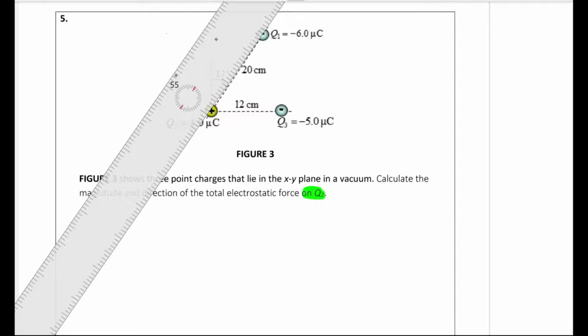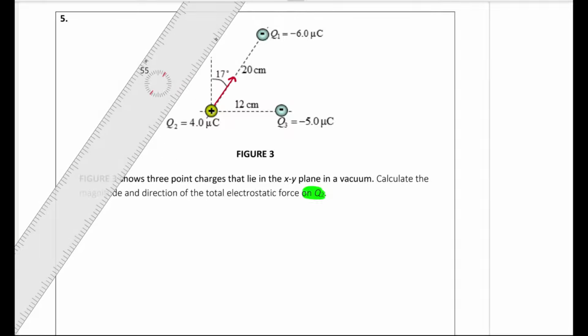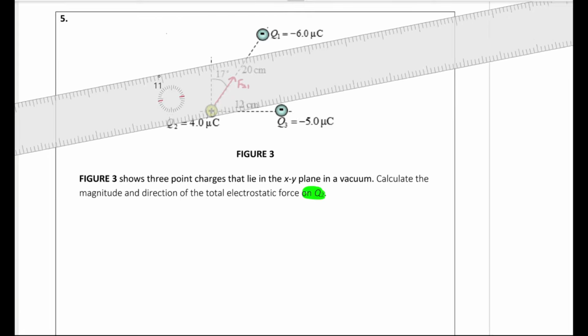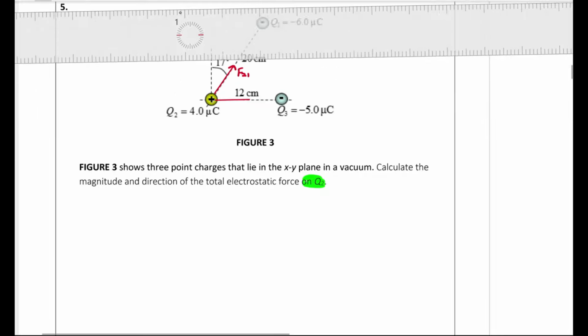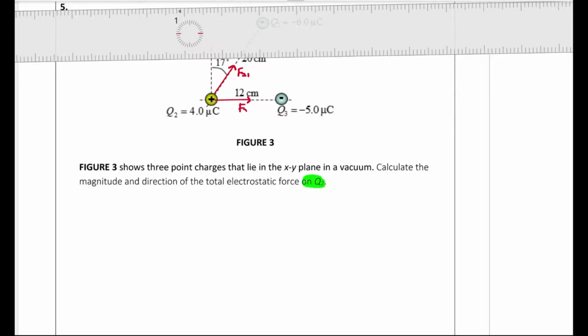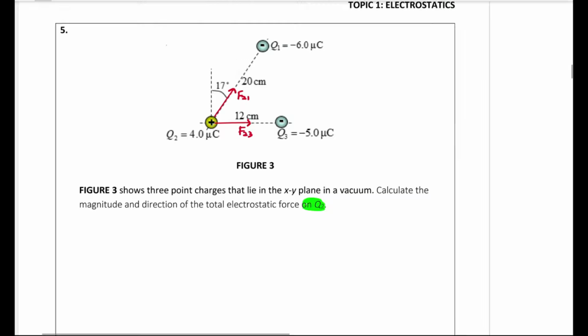Positive, negative, done. Q2 will be attracted to Q1, force 2 due to 1. Same goes to this one, right? 2 with 3 goes this way, F23.